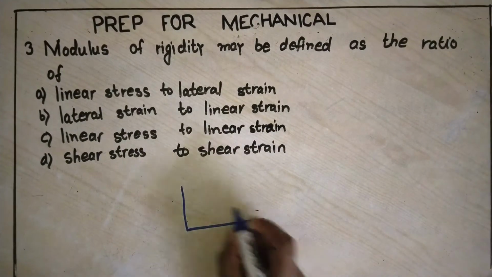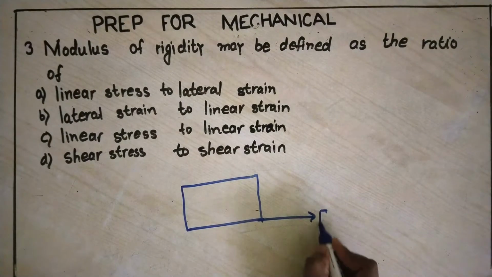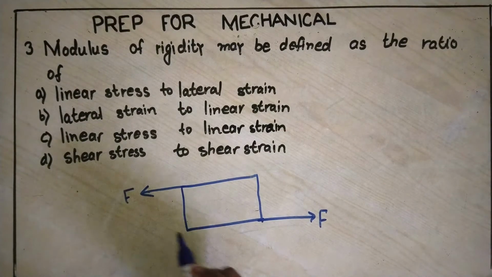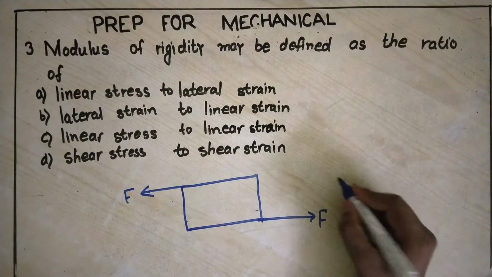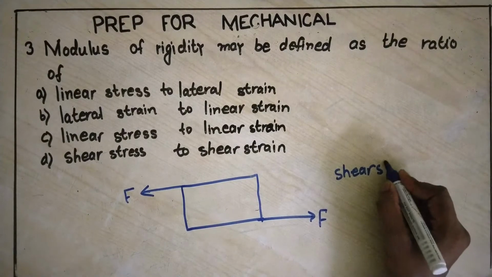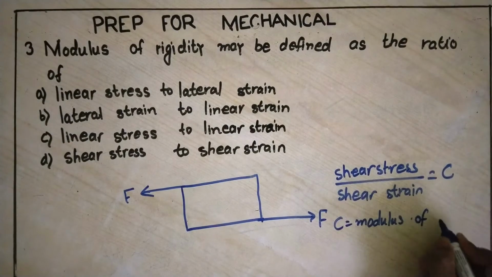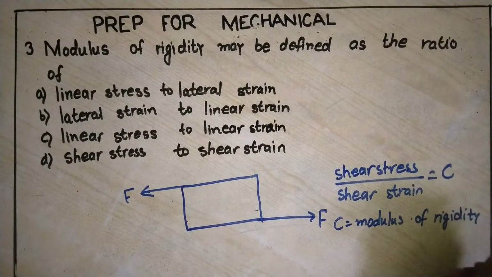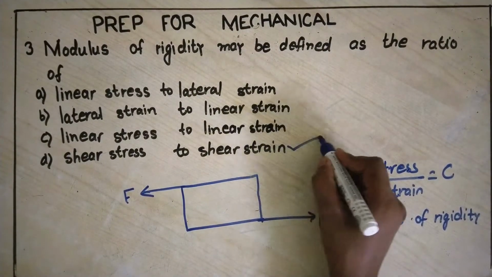When force is applied tangentially on a body, the stress and strain developed in the body are known as shear stress and shear strain, and the ratio of shear stress to shear strain is known as modulus of rigidity. So the correct option is shear stress to shear strain.